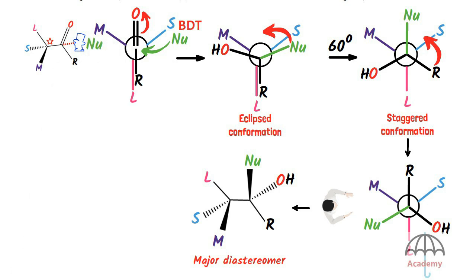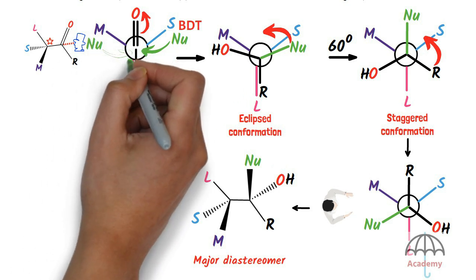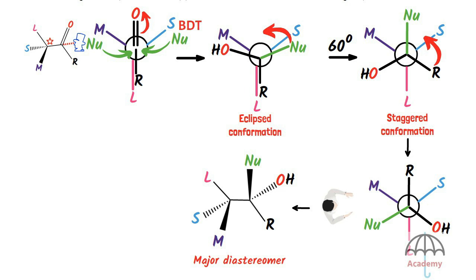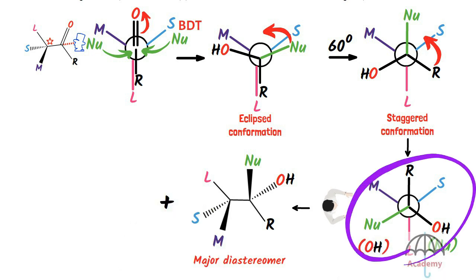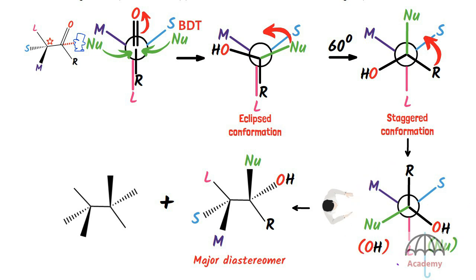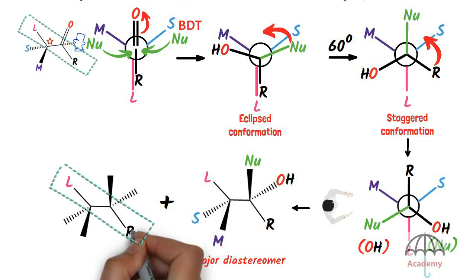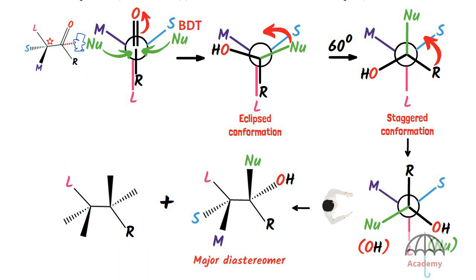If the nucleophile approaches from the medium group side, then in this conformation, we will have the nucleophile on the right side and hydroxyl on the left side towards the observer. We can now convert this Newman projection into a flying wedge representation as we have done before. The L and R are written opposite to each other in the plane of the paper as we have done in the major diastereomer.